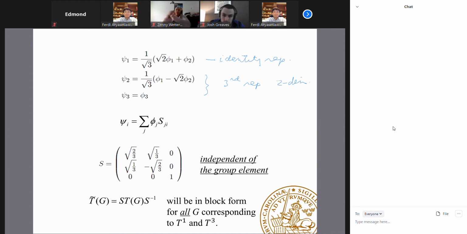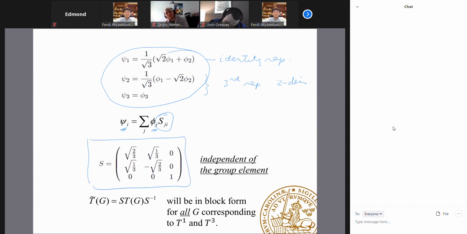So we then have a matrix S that relates the phi basis to the psi basis. This is the relationship between the psi and the phi basis, and the matrix is this S here. We can easily read it off from this set of equations. The important point is that this matrix S is independent of the group element. It is true for any group element.